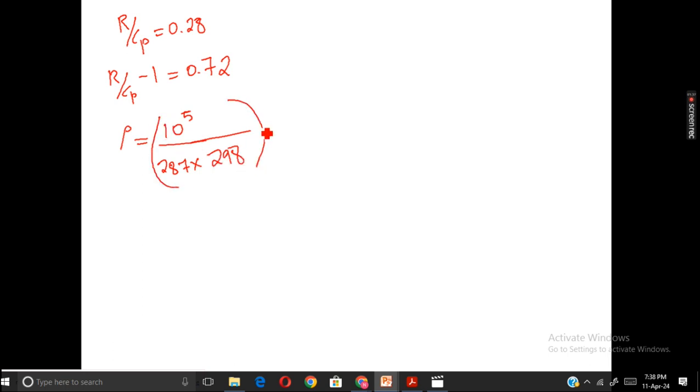Ps by P is 1000 hectopascal, that is 1000 into 10 raised to 2 Pascal, by 500 hectopascal, that is 500 into 10 raised to 2, the whole raised to R by Cp minus 1, which is 0.7.